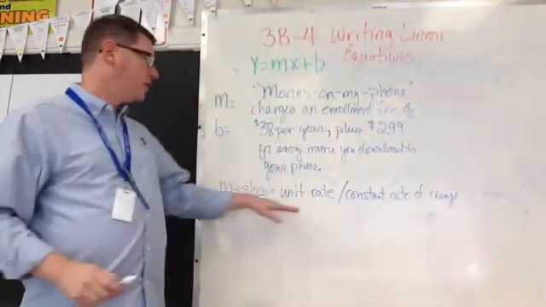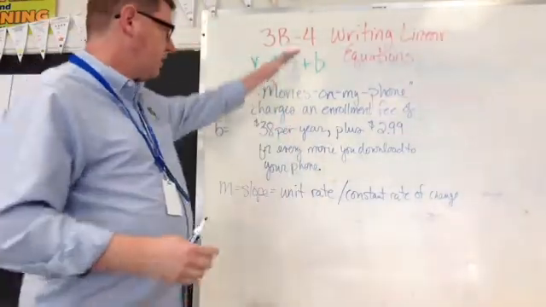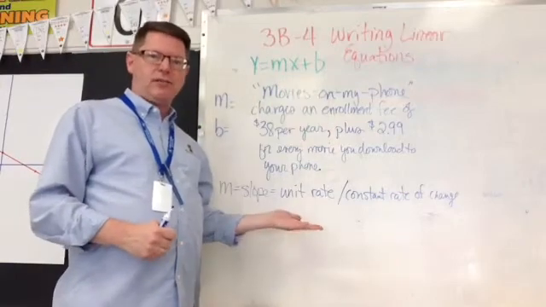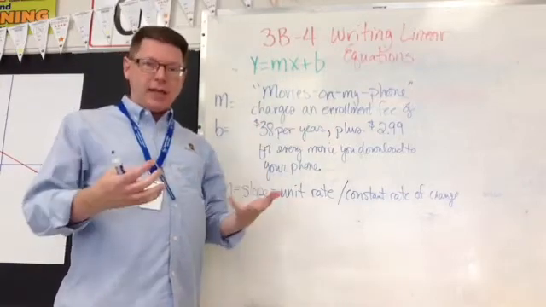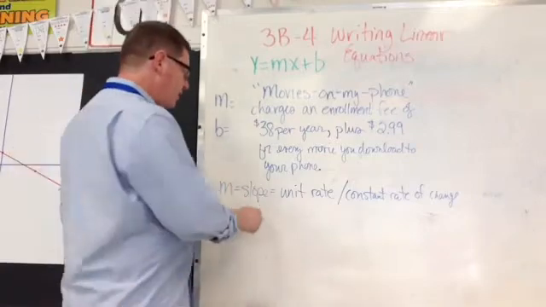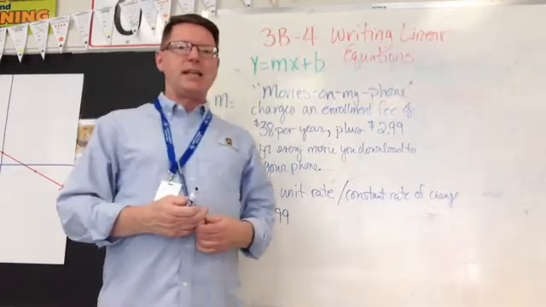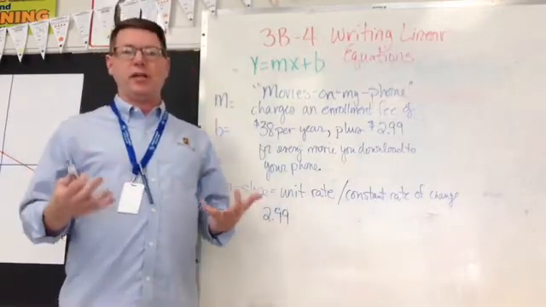Okay? The slope is the unit rate or the constant rate of change. What changes in the cost of the downloads? The change is $2.99 every time I want to download a movie. So I know that in this case, my slope is going to be $2.99 because that's what changes.